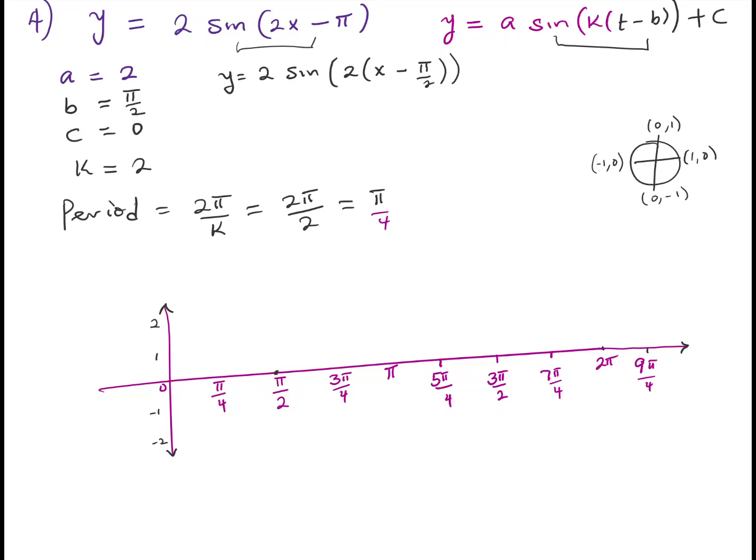Now we are going to have first quarter here. So let's see. That is the sine graph. So we consider the y values. So this is 0. Then the next one is 1 because of the amplitude, so that is 2.